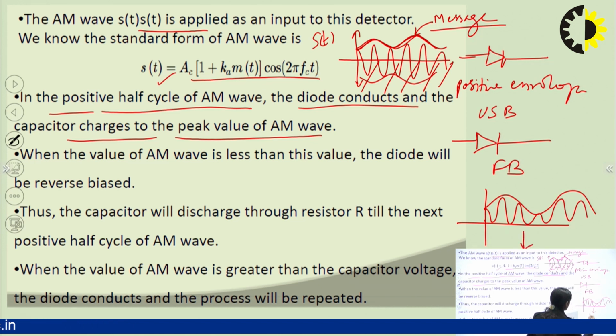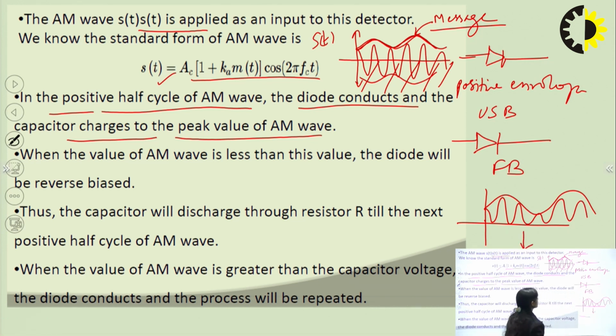After that, it is passing through the capacitor. If we put a capacitor here in parallel combination with the resistor RL, this capacitor will charge after the diode to the peak value of the message.